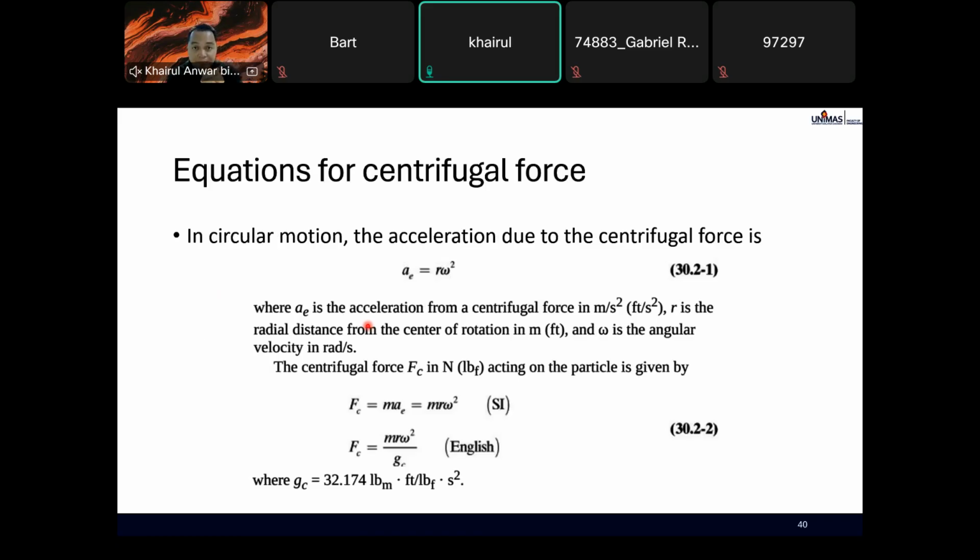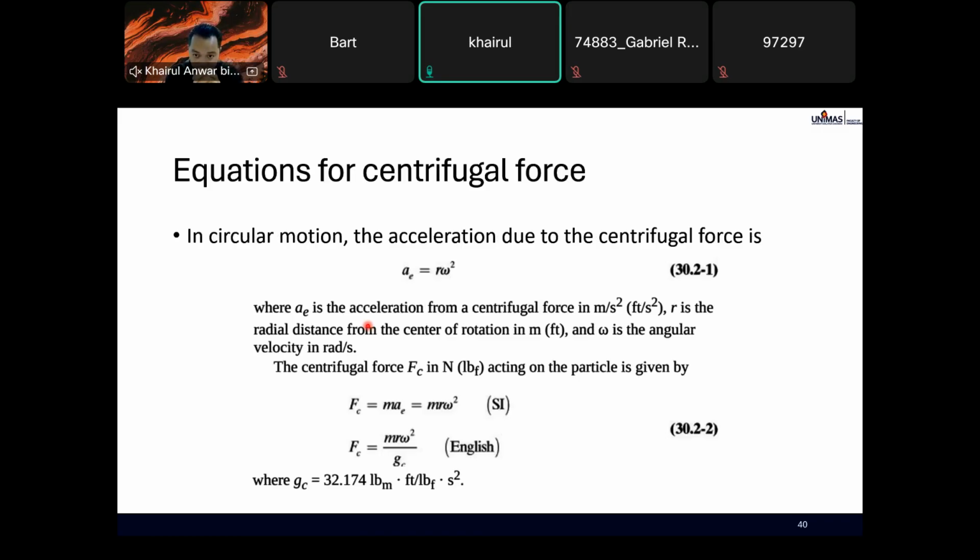So in circular motion, the acceleration due to the centrifugal force is a_c equal to r omega squared. a_c is the acceleration from the centrifugal force in meter per second squared. r is the radial distance from the center of rotation in meter.